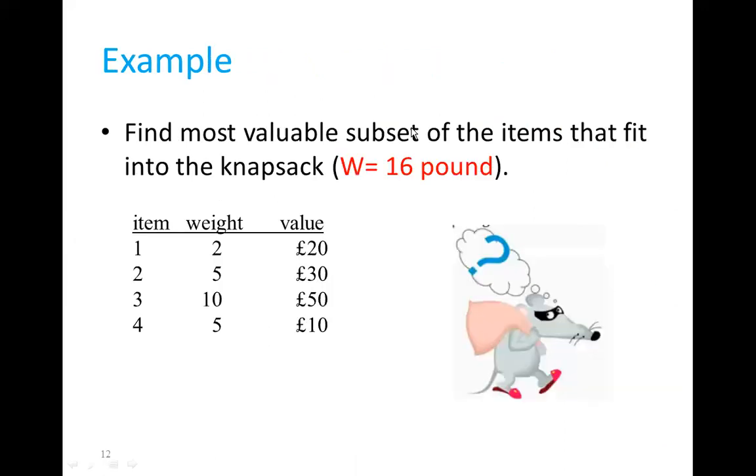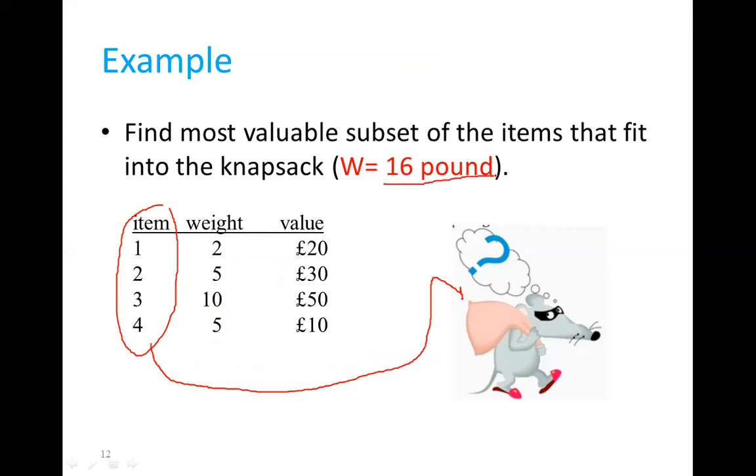So how can we solve a problem like that based on exhaustive search? This is an example. We have a set of items. Suppose we have 4 items, and the thief can put these items in his bag in different ways. And we assume the capacity of the thief's bag is 16 pounds.